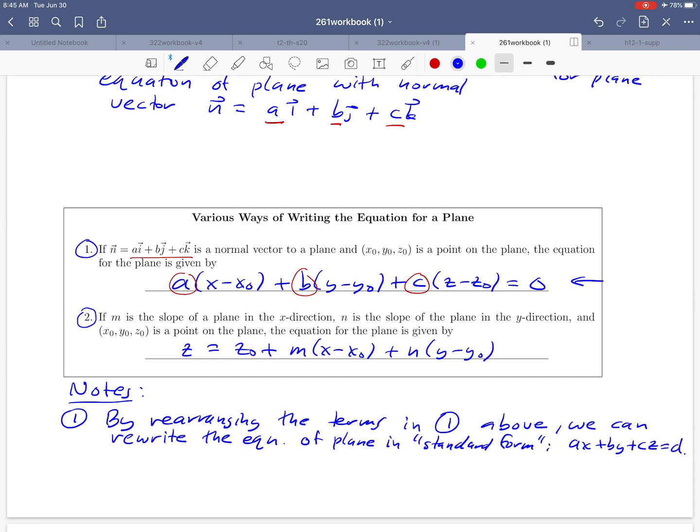It basically just involves multiplying through and putting the constant on the right-hand side.